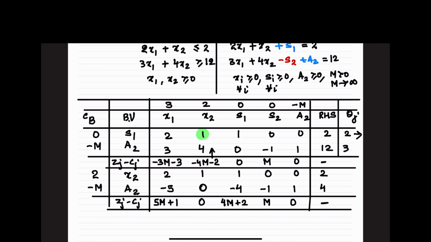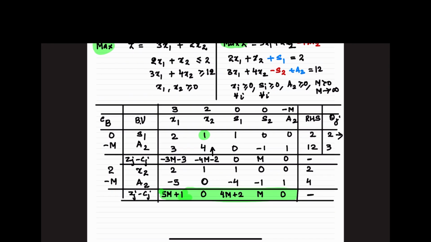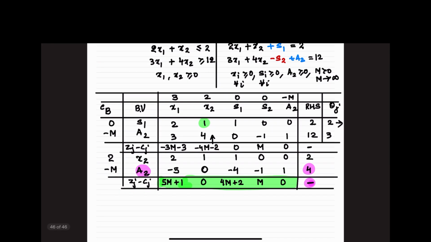Z value we will not calculate. See, the Zj minus Cj row has all non-negative values. This implies optima reached. But there is still an artificial variable in the basic variable column with a positive value, and we still do not have our Z value. So this condition is the condition of infeasibility.